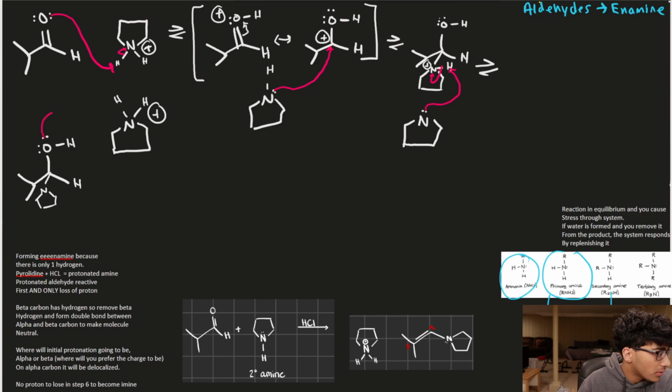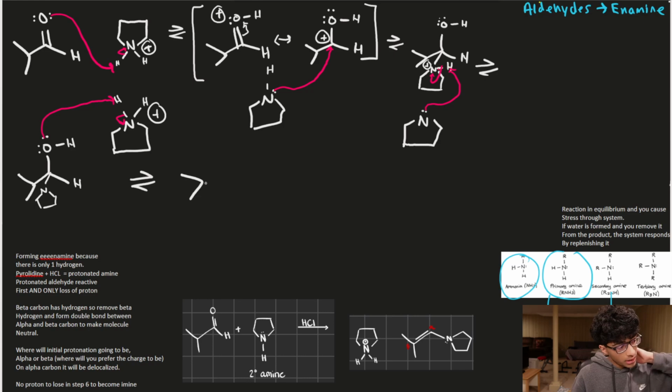Right now it's not a good leaving group. It wouldn't leave on its own, and even if it did, we would form a negative charge, which is wrong. We can't have negative charges in acidic conditions. So that's why you have to protonate it, so it can leave on its own. Those are the two main reasons.